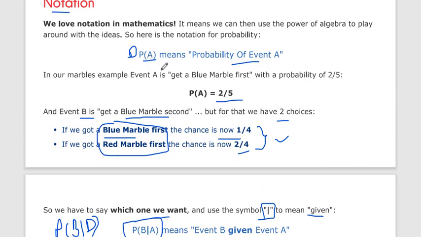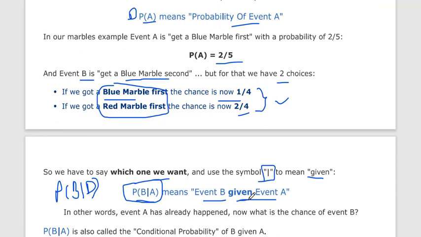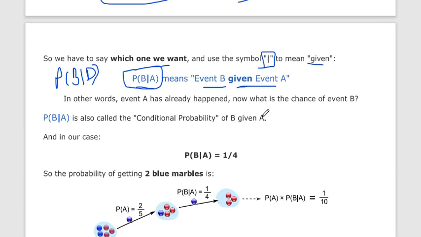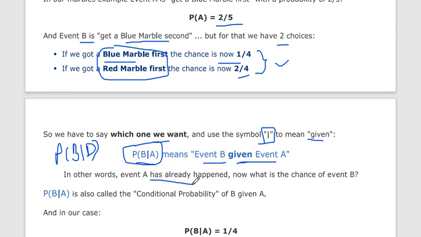But what we should write is event B given event A, or B per A. Event A has already happened, now what is the chance of event B? It's called the conditional probability of B given A. B is dependent on event A because we have two choices for the outcome of event A.